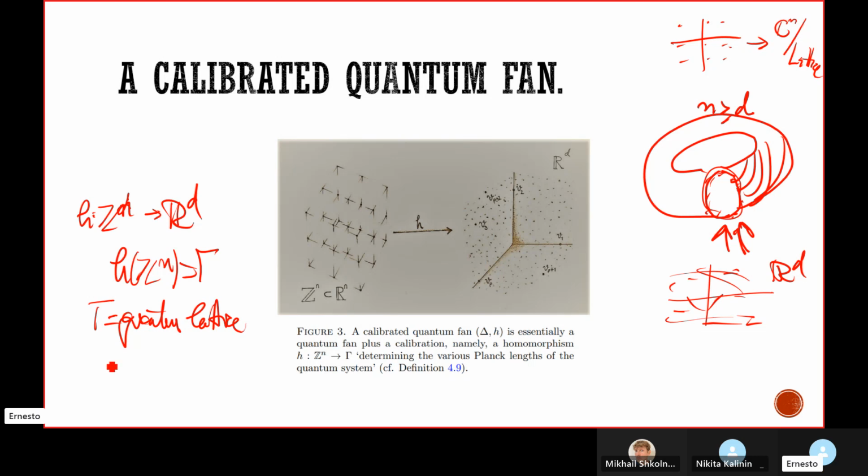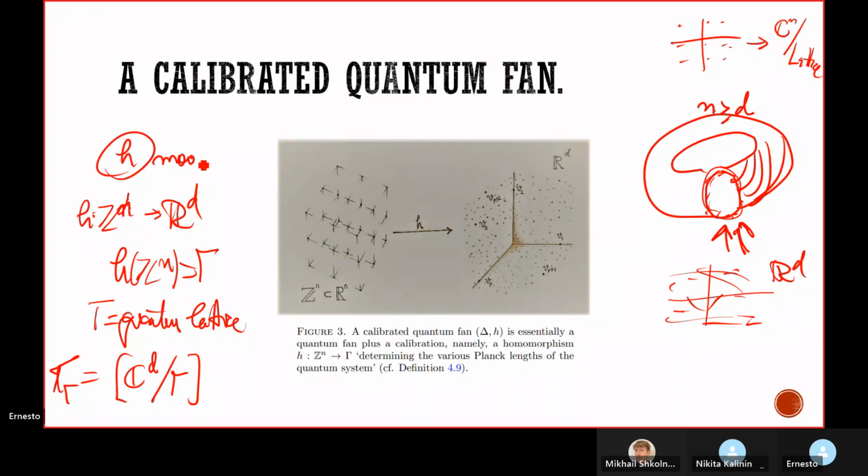To have a quantum lattice is essentially the same as to have a quantum torus, because then I take Z to the D modulo gamma, whatever this symbol is meant to mean, and then I get a quantum torus for the quantum lattice gamma. But now I have H, and I can move H, and this is a deformation parameter.